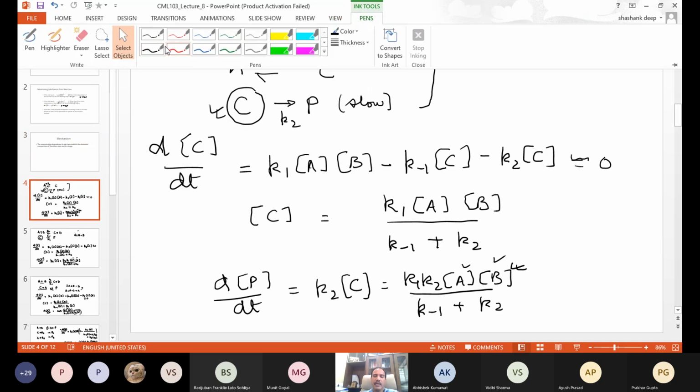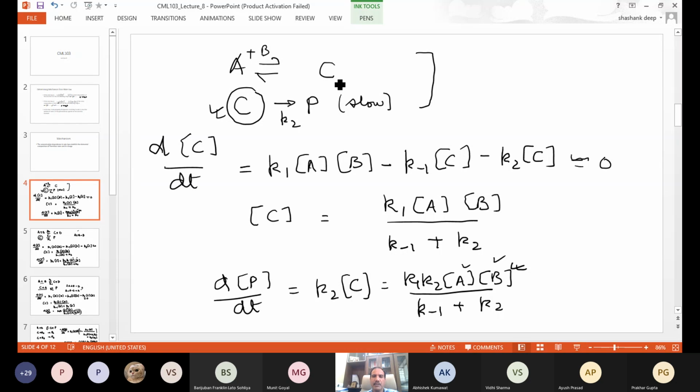What I told you is that suppose this is a reaction, A plus B going to C, and C going to P, and this is the slow step. And so what was the first law? The reactants, which we discussed, the rate law should give the composition of the reactant.